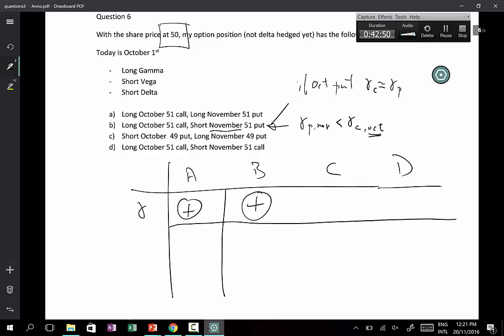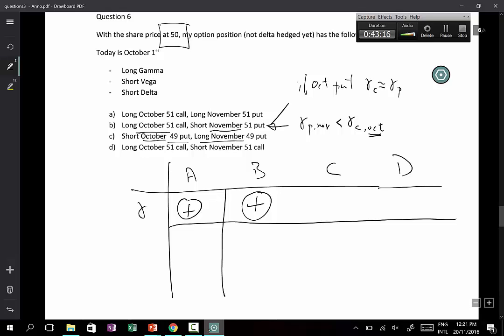So now here I am short the October, and I am long the November. So I'm short the short term and I'm long the long term.